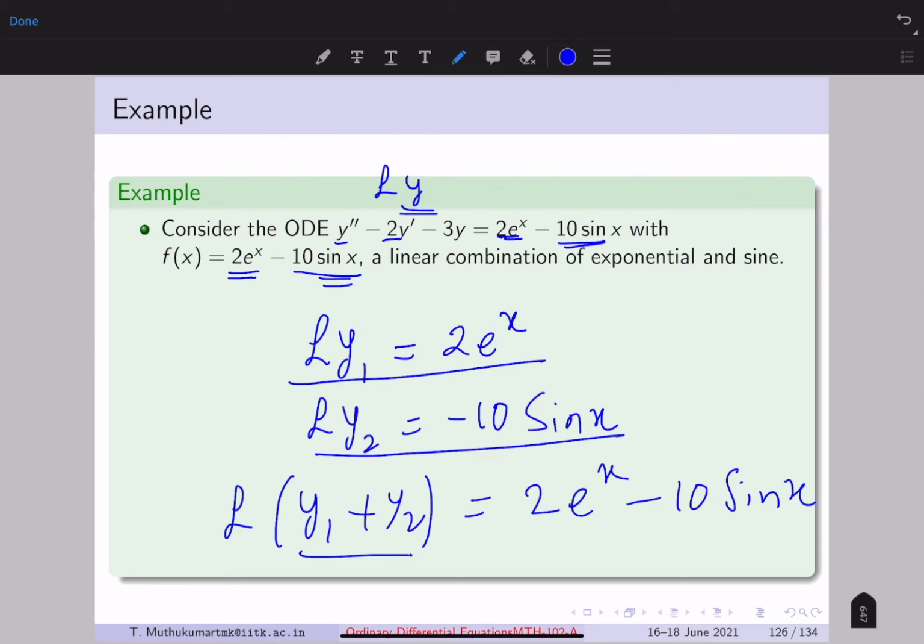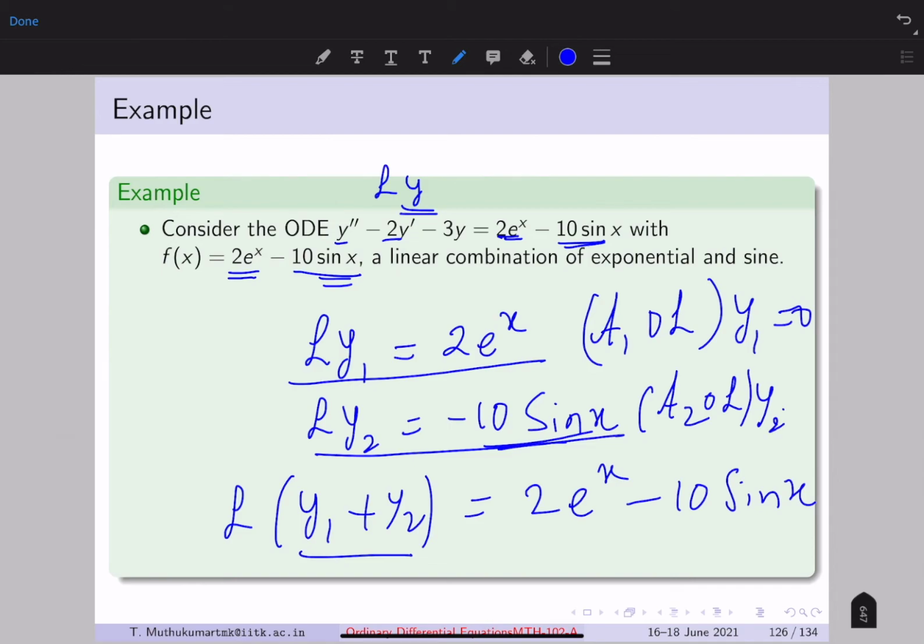So we can just use the annihilator of this separately, and the annihilator of this separately. So if I use the annihilator of this one, what I will get is a1 composed with L of y1 is equal to 0, and then I'll get a2, which is the annihilator of, say, this, composed with L of y2 is 0.